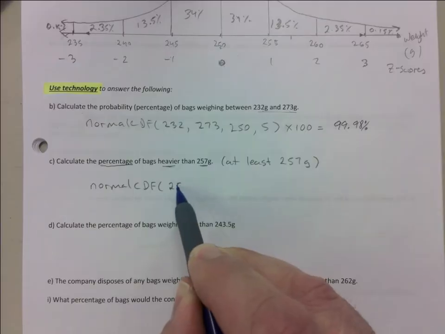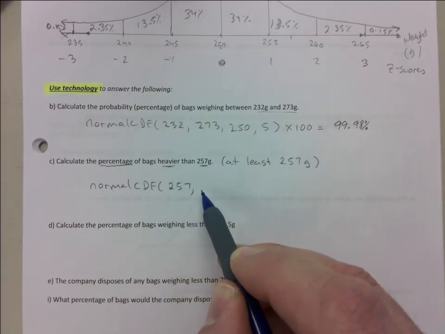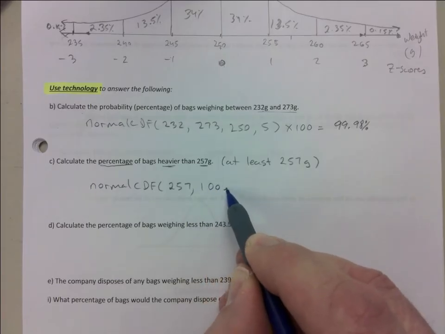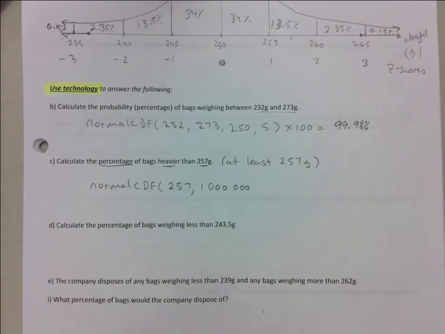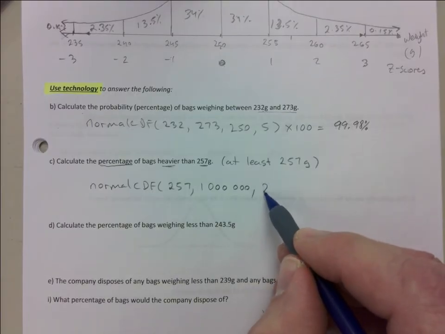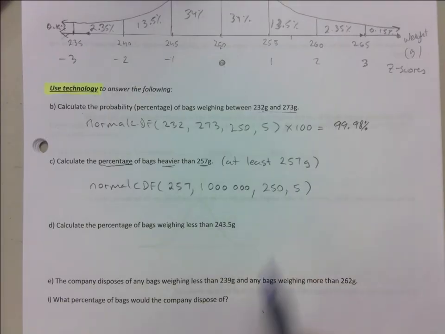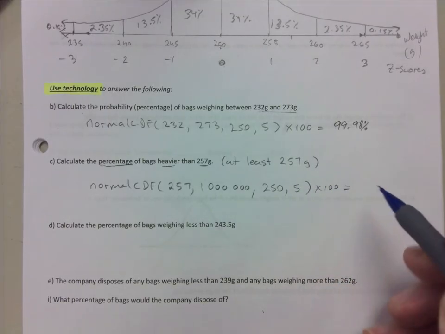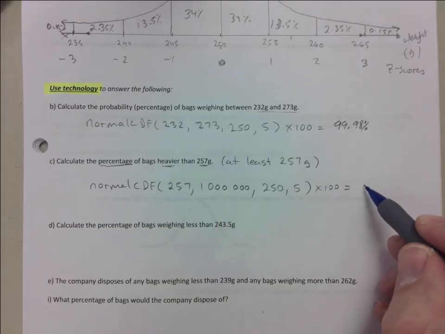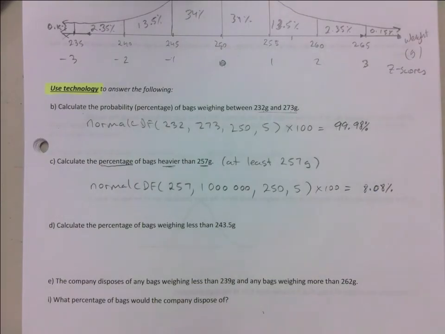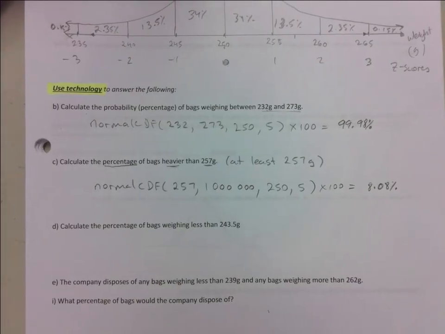We start at 257, and we use a really big number, correct? What's a big number, Mr. Dirksen? I don't know. Just keep adding zeros, and then followed by mean and standard deviation. Times 100. That gives you 8.08%, okay, of bags would be expected to weigh 257 or more.